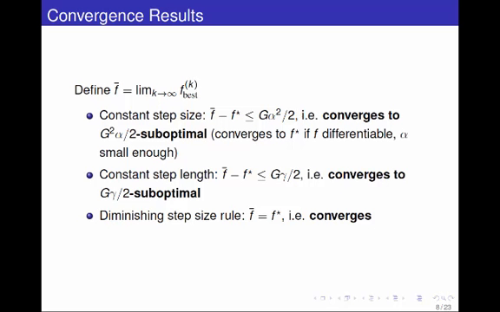So, given these assumptions, here are the convergence guarantees. Constant step length guarantees us we will be within this constant of optimum. And for diminishing step size, we get to F star.